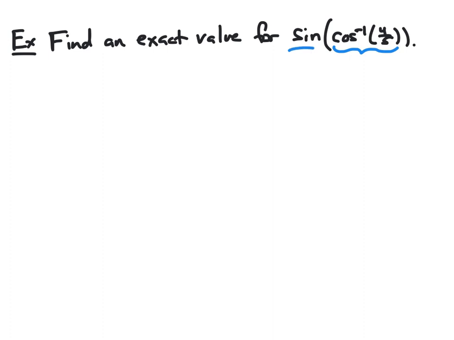In order to do this, we can use a couple different approaches. The easiest way, regardless of which trig functions or inverse trig functions appear, is to use a right triangle. In order to do that, what we need to remember is that the inverse cosine of 4/5 is an angle. This is always the case. Any inverse trig function of a number will always be an angle. And so let's give this angle a name, and let's call it theta, as we standardly do.